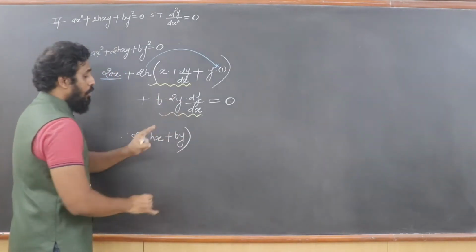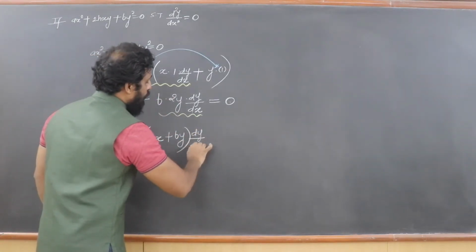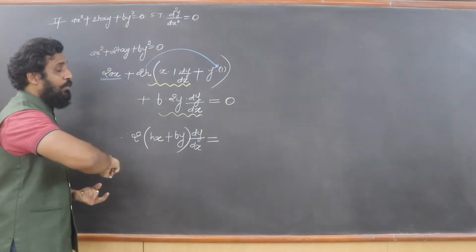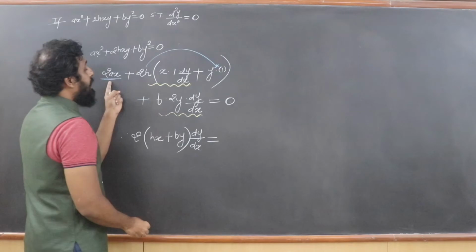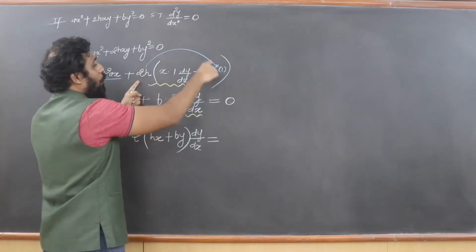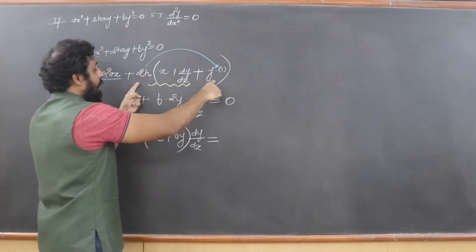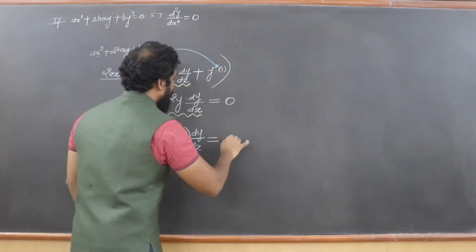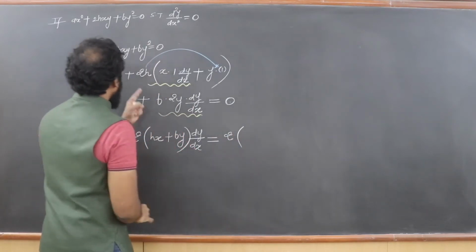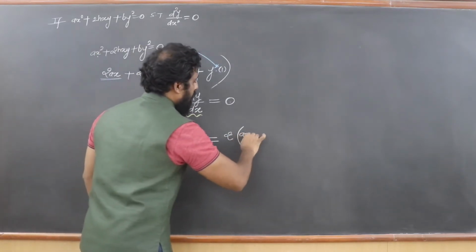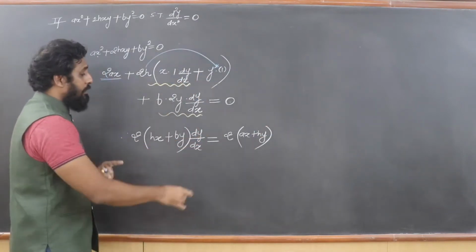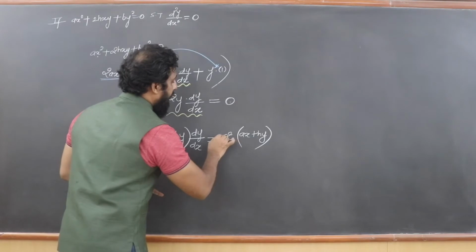So from these two terms I took dy by dx common, is equal to the terms which do not have a dy by dx will be transferred on the other hand side. That was 2ax and 2hy. See, 2h is going to get multiplied inside the bracket. So 2ax and 2hy. So 2 is common and you get ax plus hy, and since the terms are transferred on the other hand side, they will also have a negative sign.